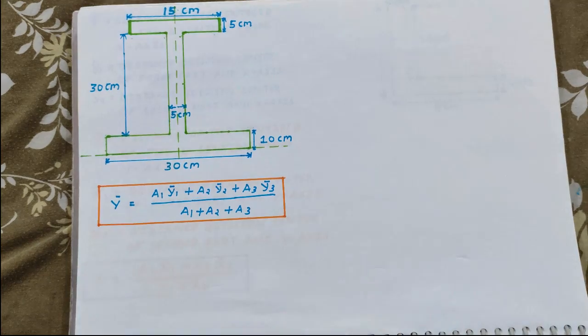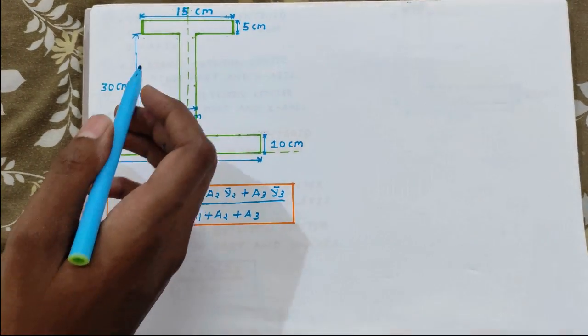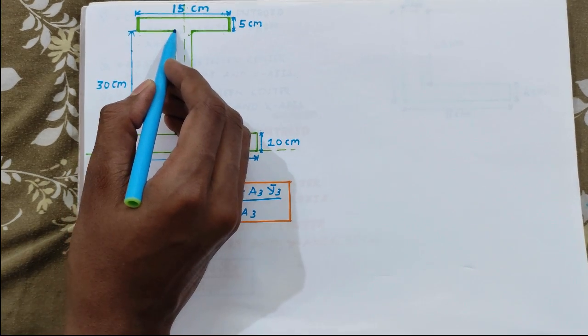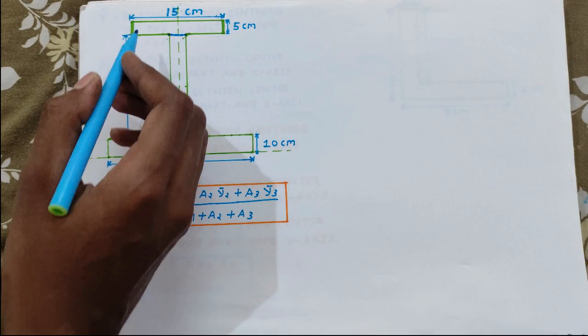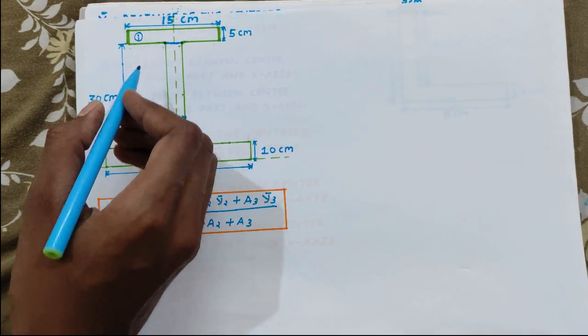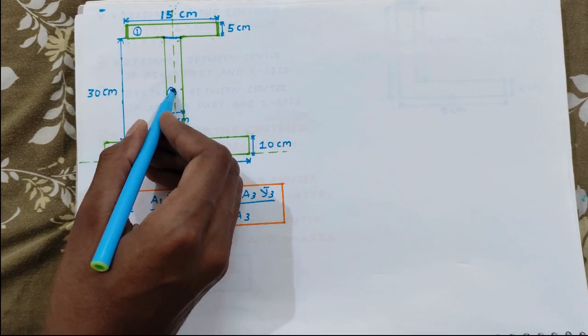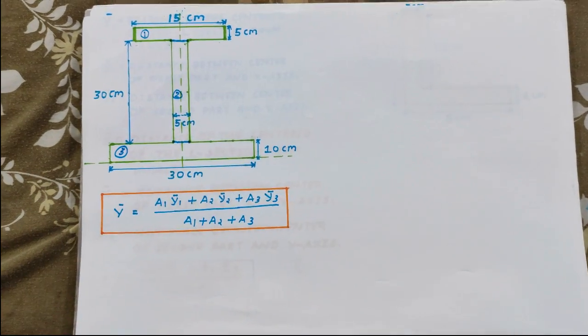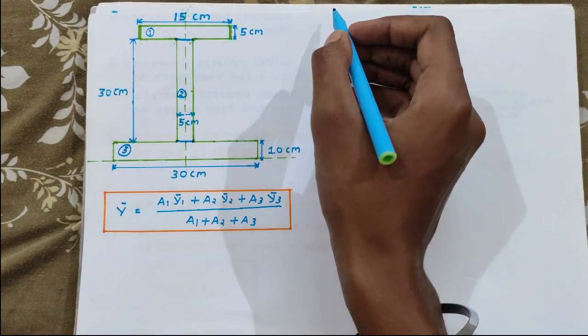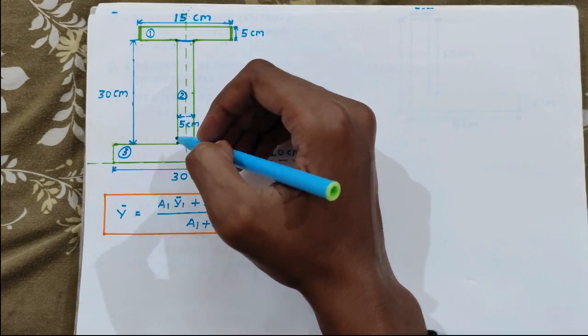Now first of all we have to divide our figure into three parts. 1, 2 and 3. So this is our first part, this is our second part, and this is our third part. First of all we have to find the center of each part.